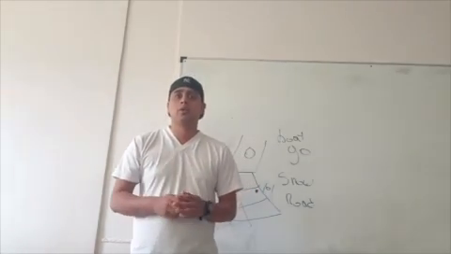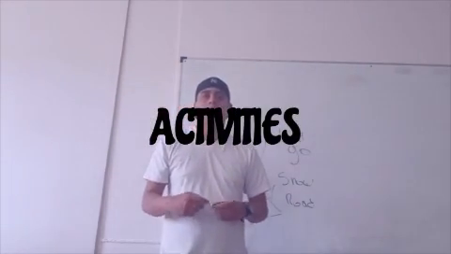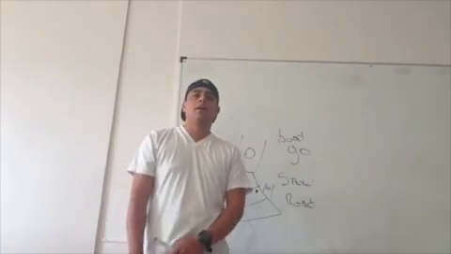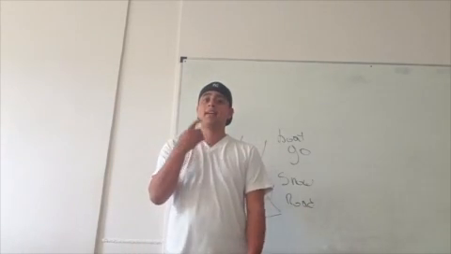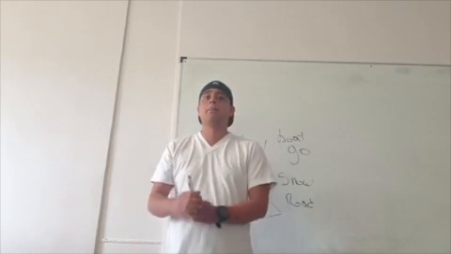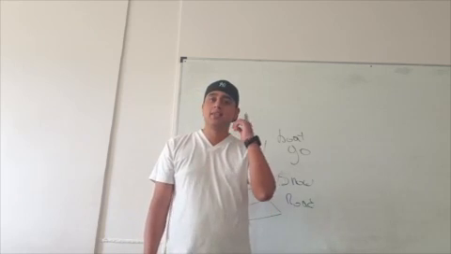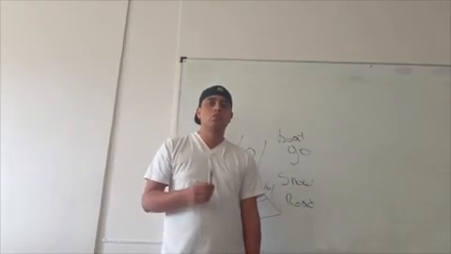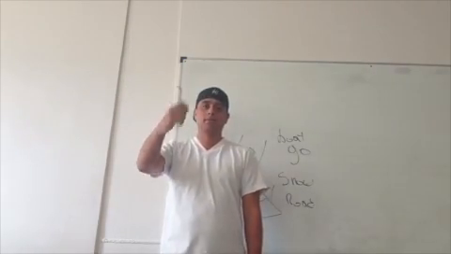I'm going to tell you about some activities. Let's move on to our first activity, listening and repetition. I'll say sentences that include the vowel sound O, and I want you to listen carefully and then repeat the sentences. Pay attention to how I round my lips and move my tongue back.